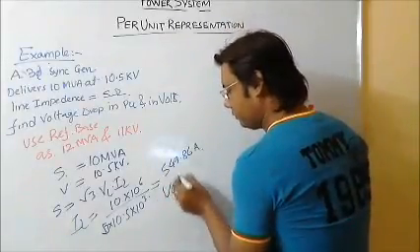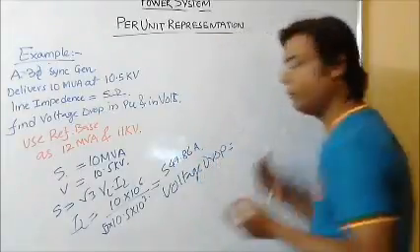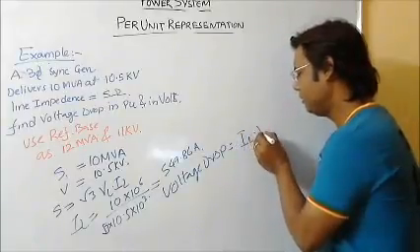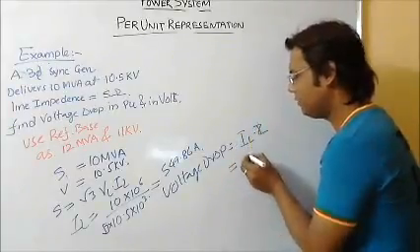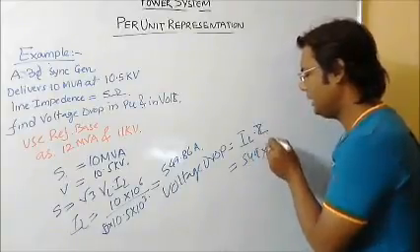So I can have the voltage drop. The voltage drop would be equal to IL into Z. That is IL, which is 549.86, into Z, which is given as 5.